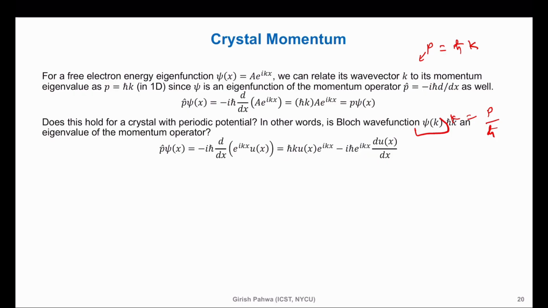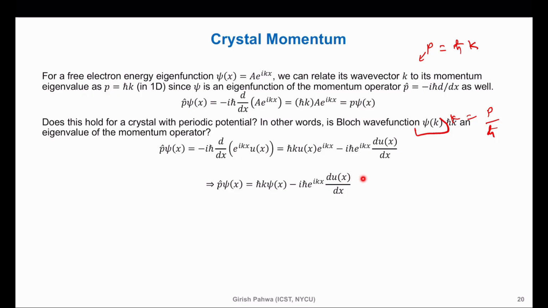Now this part, u of x into e to the power iota kx, is actually psi of x times h bar k, so a number times psi of x. So p cap psi gives you a number times psi minus something else, and this is a non-zero quantity. u is a function of x.